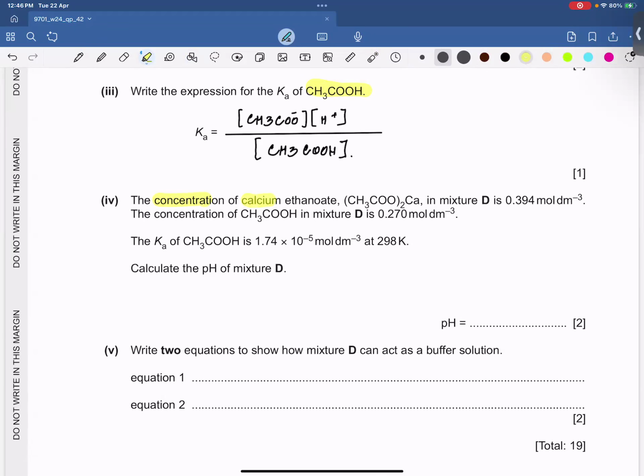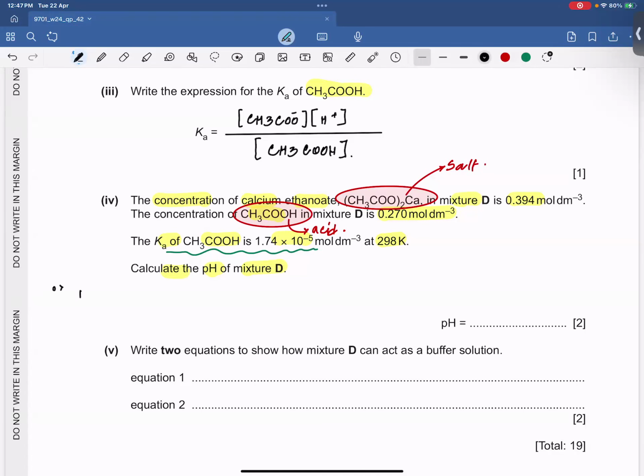The concentration of calcium ethanoate in mixture D is 0.394 mole per dm cube. The concentration of ethanoic acid is this. The Ka of this, calculate the pH of this. By the way, this is salt and this is acid. So concentration of acid and concentration of salt are already given in the question. Ka of ethanoic acid is given in the question. So from this Ka, I can find the value of pKa.